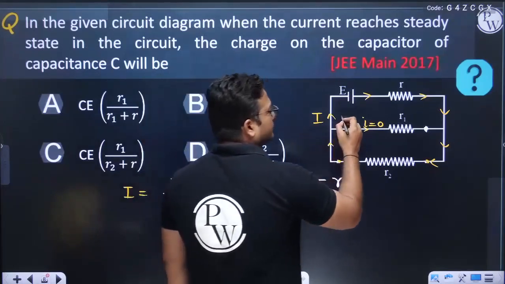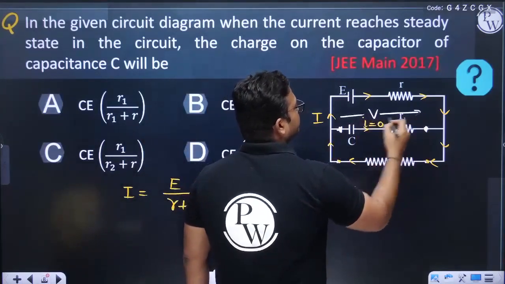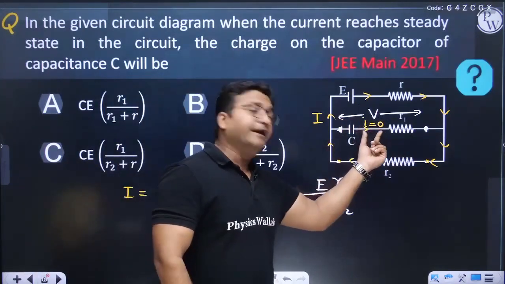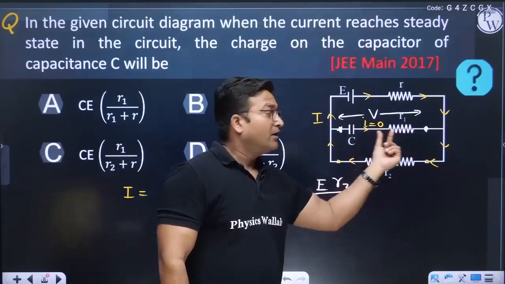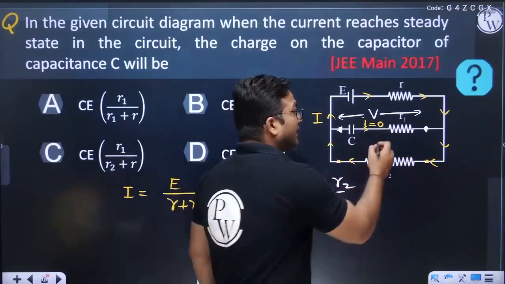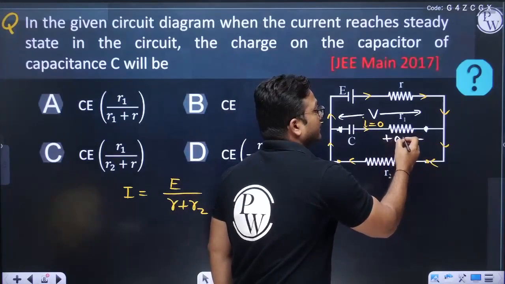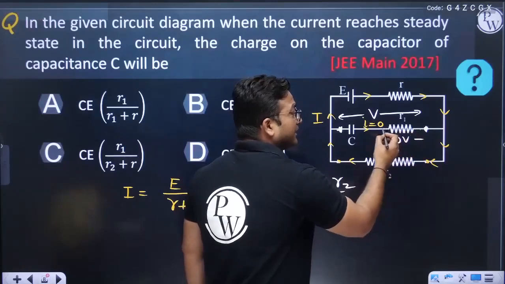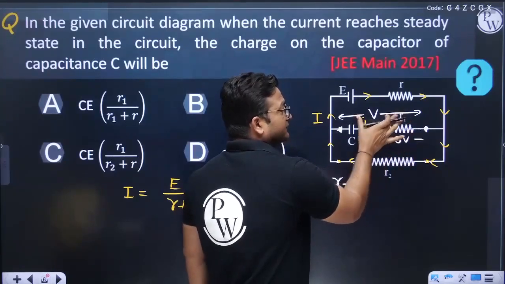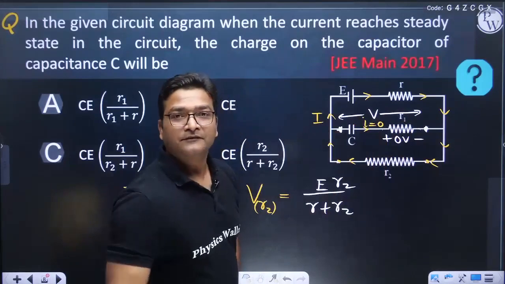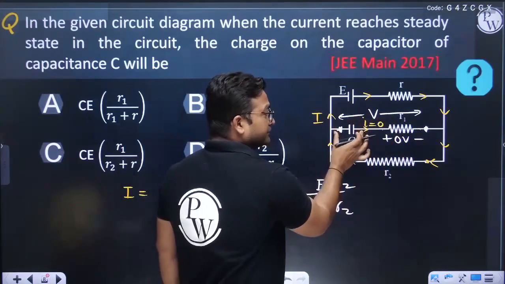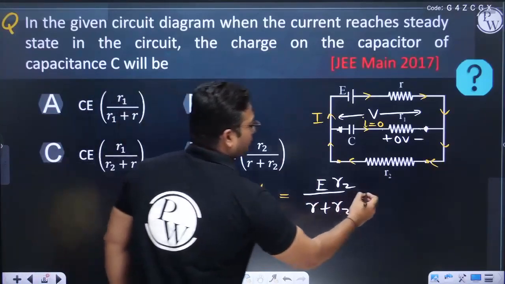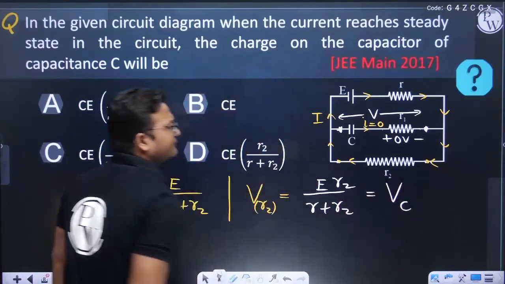So here also the potential difference is V. Now if current in this branch is 0, obviously the potential difference across R1 is 0, because current in R1 is 0 in a steady state. So the entire potential difference is across the capacitor.